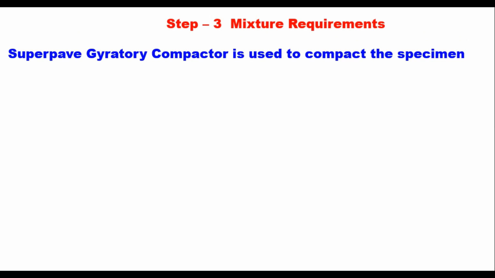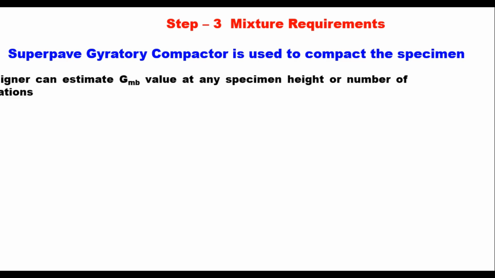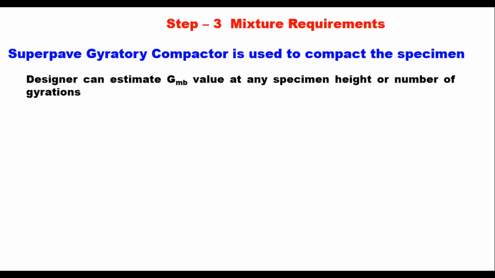The third step is mixture requirements. Now the Superpave gyratory compactor is used to compact the specimen, and this compactor has the ability to measure sample height after every gyration, and it enables the designer to estimate Gmb, that is bulk density of the mix, at any specified height of the specimen or any number of gyrations.